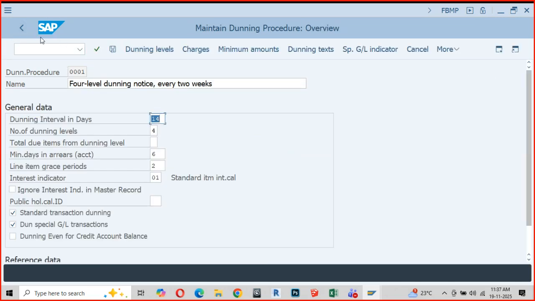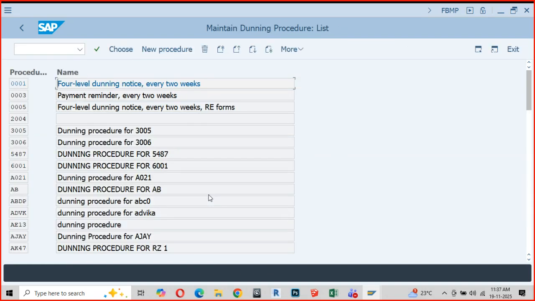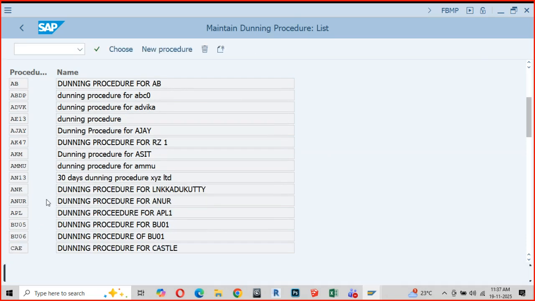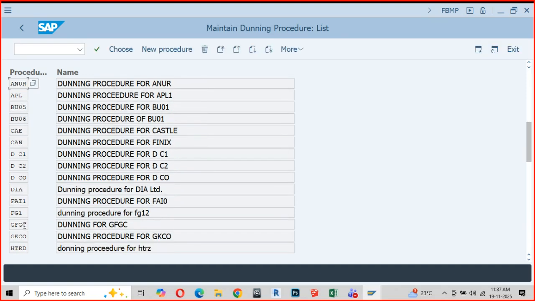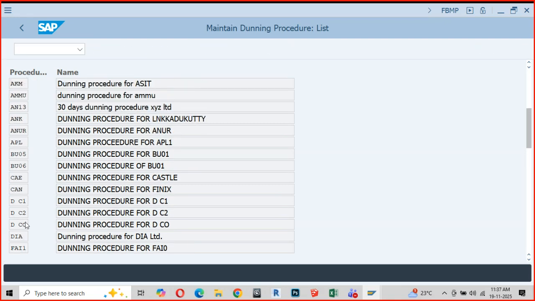I don't want to elaborate much on this because it may lead to a lot more confusion rather than understanding the process. Like this, you can see any number of procedures. I think I have created GM01 also. Let me just check. No, I have not. Okay, not a problem.